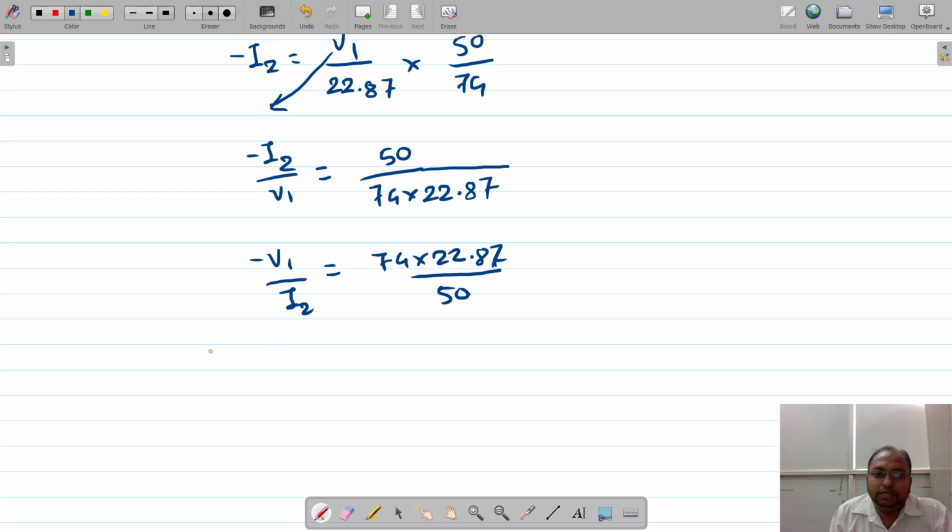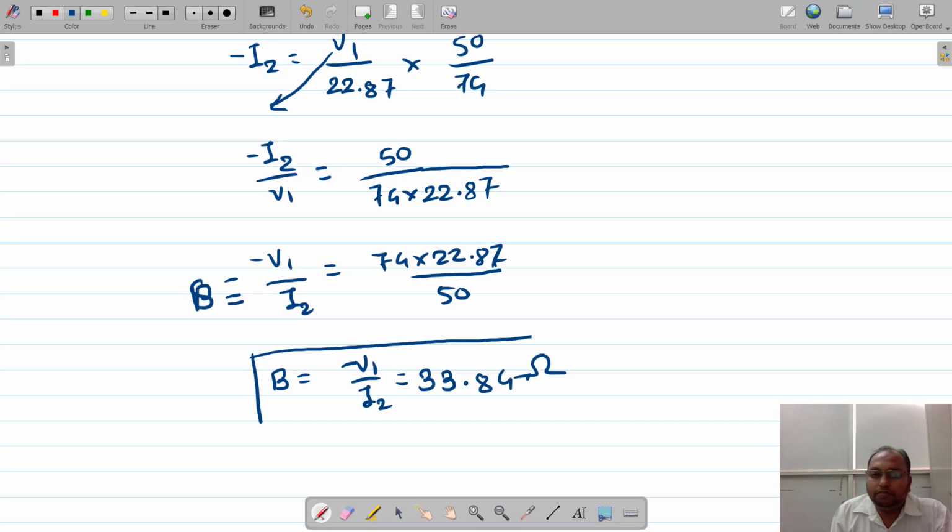Calculating this, it is coming as 33.84, and this is nothing but impedance, so it has ohm as its unit.